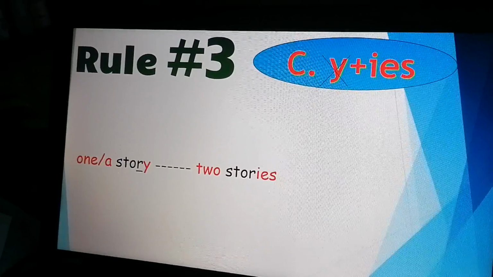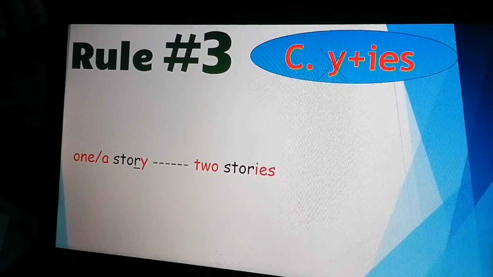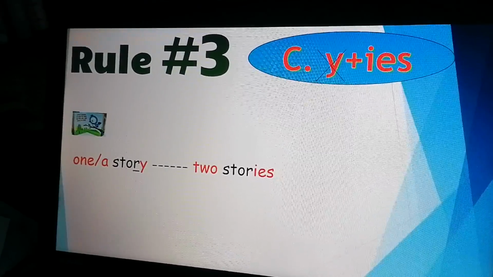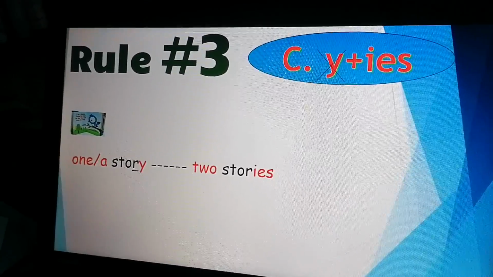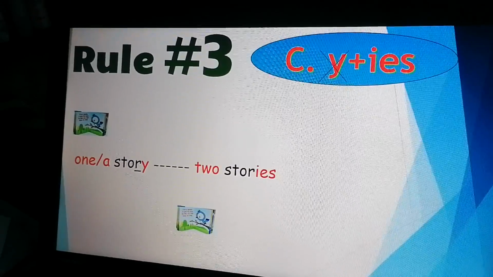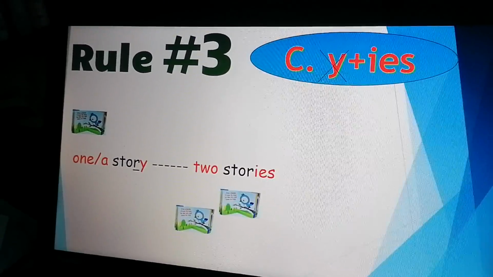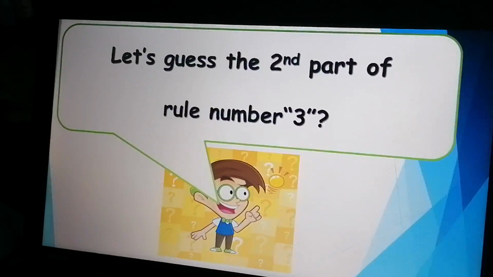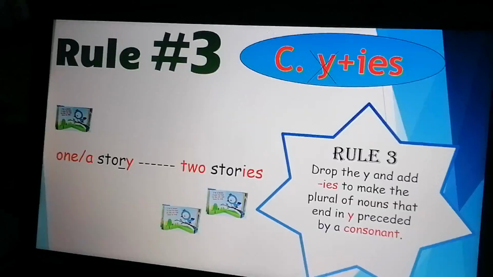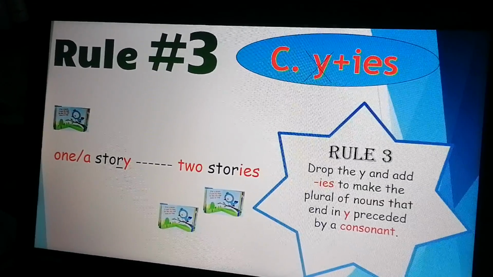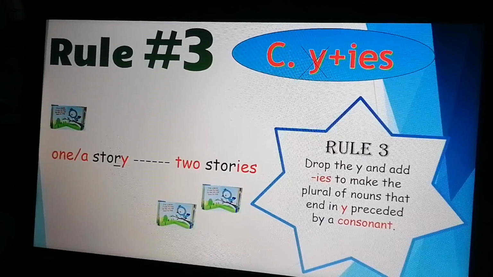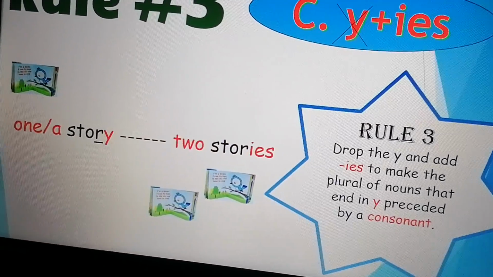Like one or a story, 2 stories. What happened? Rule number 3 tells us to drop the Y, means to cross the letter Y, and to add IES, like here.